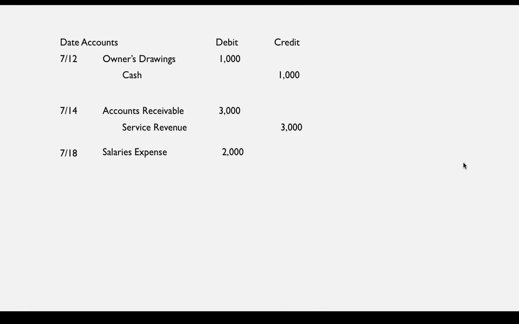And expenses go up with debits, so we will debit our salaries expense for this $2,000. Now, how are we paying our employees? Well, we're going to use cash, right? We're going to write them a check or use cold hard cash. Either way, we call it cash. So we will credit our cash for $2,000.